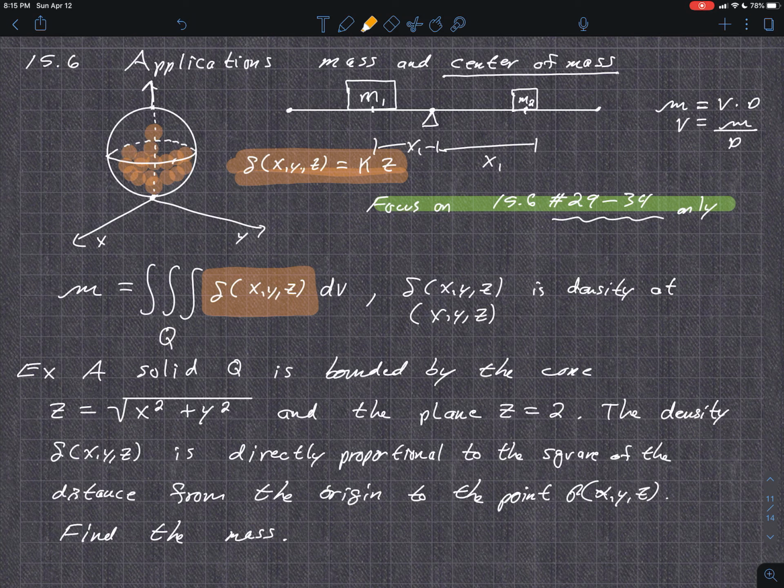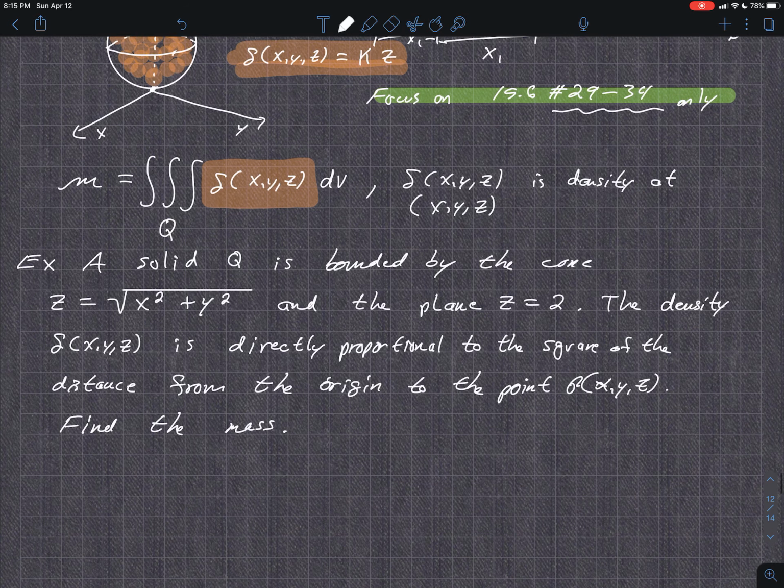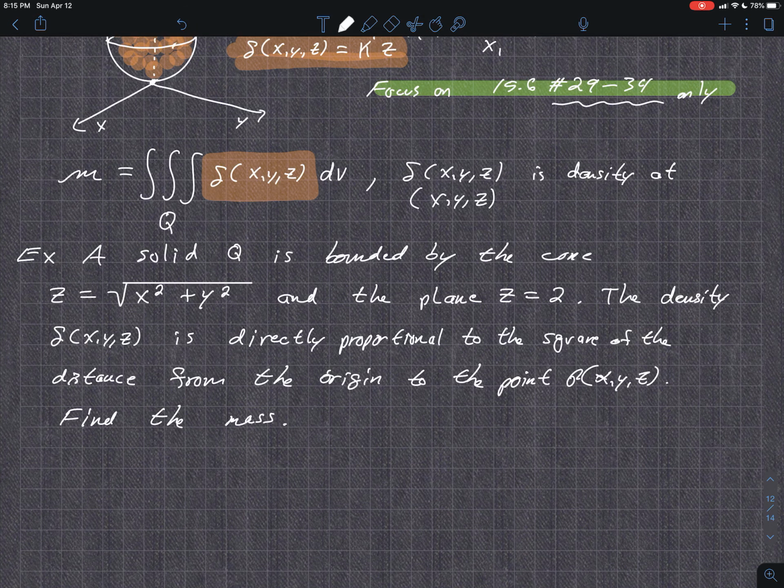You're adding up these little values and taking that sum over the solid. That's the idea that I want you to focus on. There's a lot more in there, but that's what I may ask you.